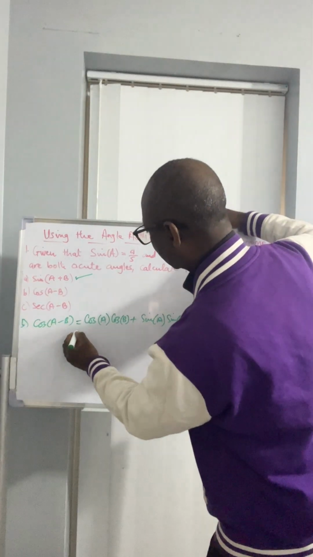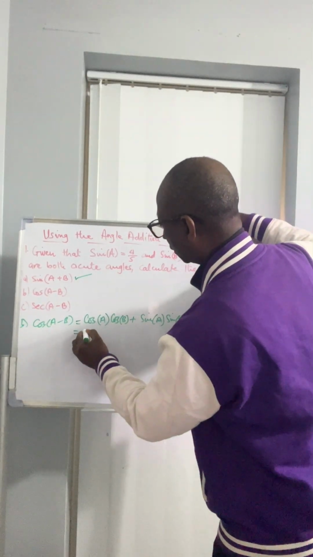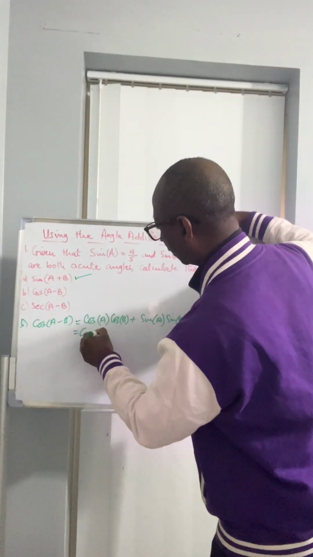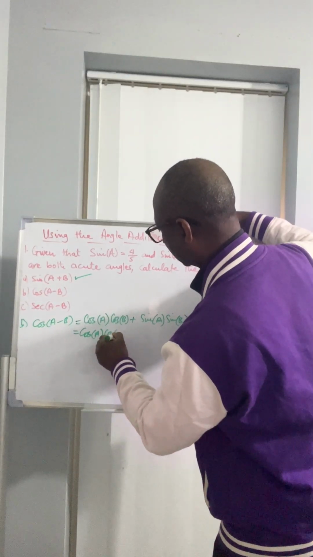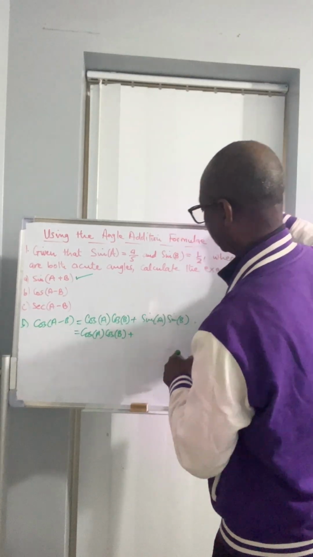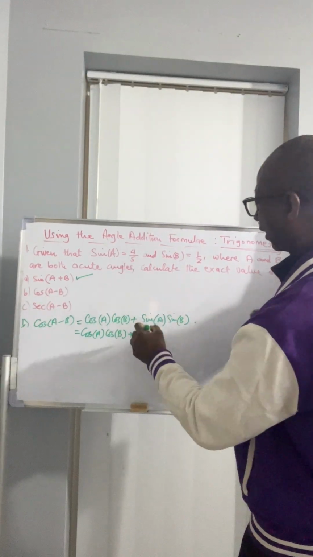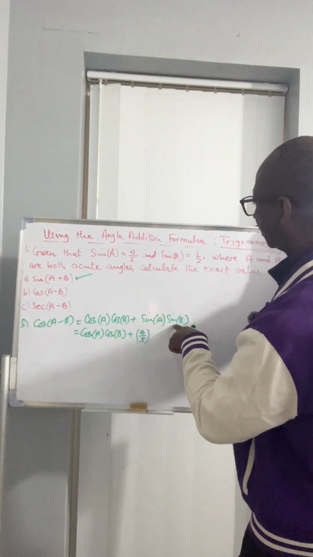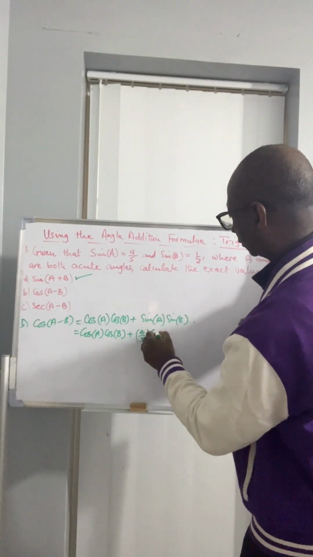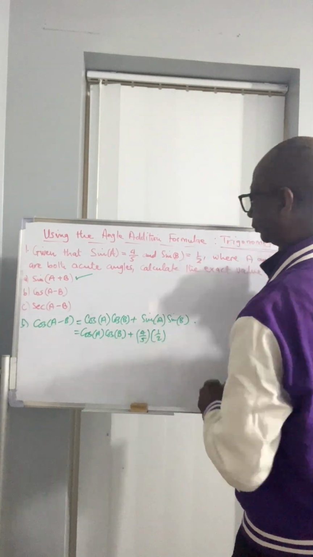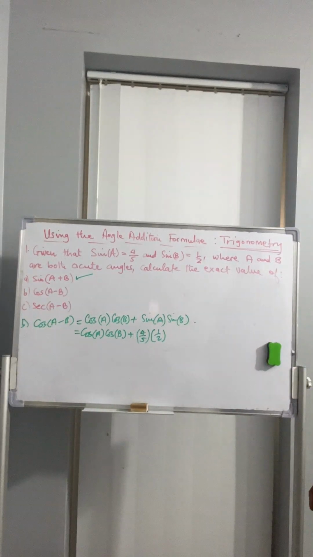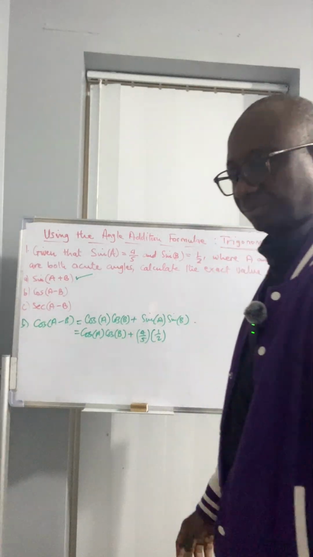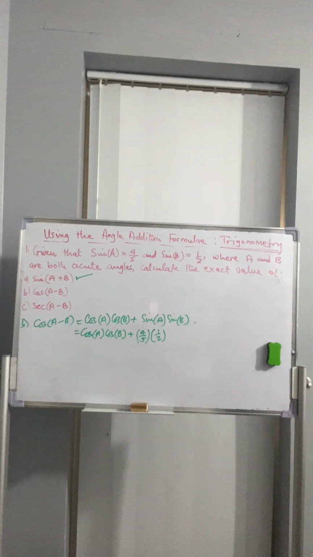So if we further simplify this problem, you will get here the cosine of A, cosine of B, plus sine A is 4 over 5, multiplied by sine B is 1/2. So this is what you get. So what is cos A cos B? We don't know. We need to find out what is cos A cos B.